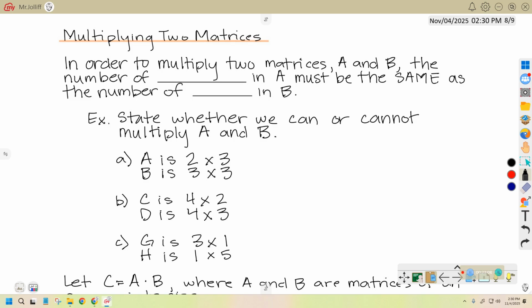So the first thing we have to do is check that A and B are the appropriate size. In order to multiply matrices, the first matrix has to have the same number of columns as the second matrix has rows.